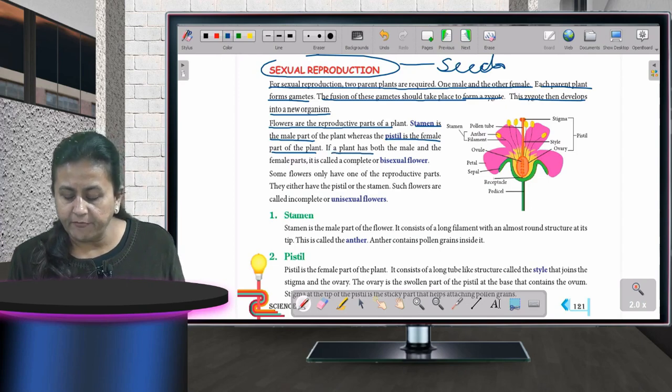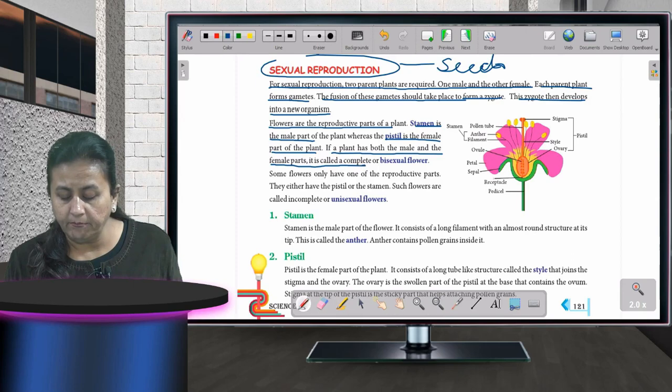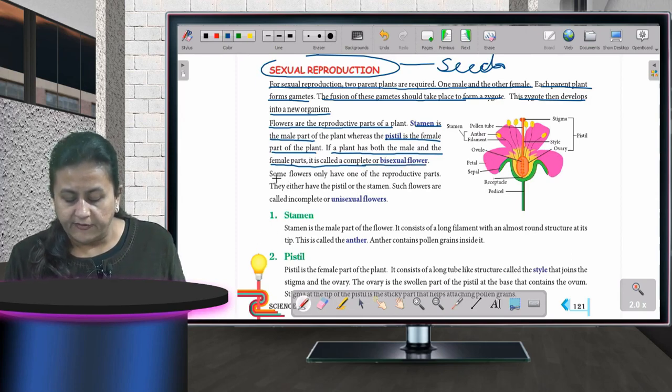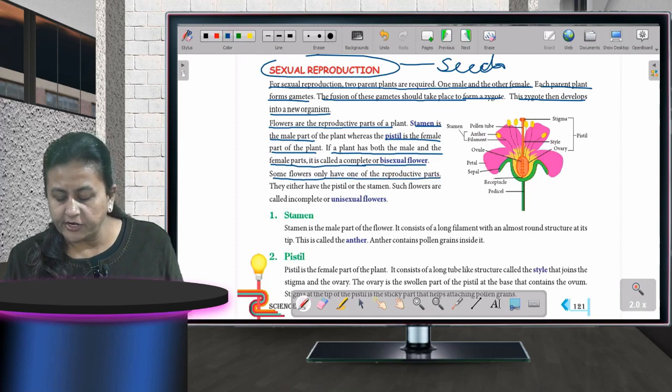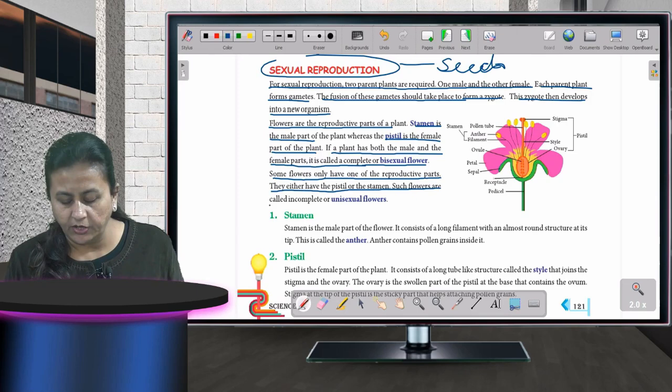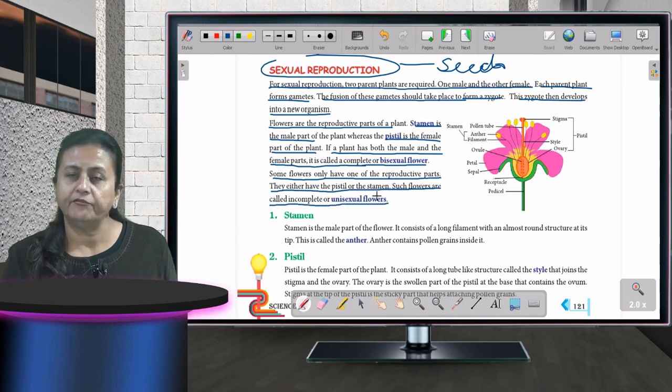If a flower has both the male and female parts, it is called a complete or bisexual flower. In case some flowers do not have one of the reproductive parts, they have either the pistil or the stamen. Such flowers are called incomplete or unisexual flowers.